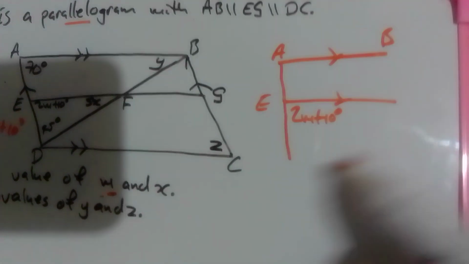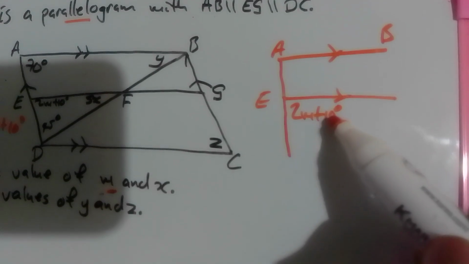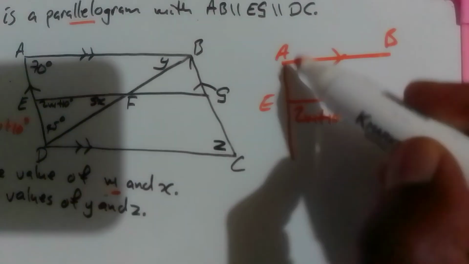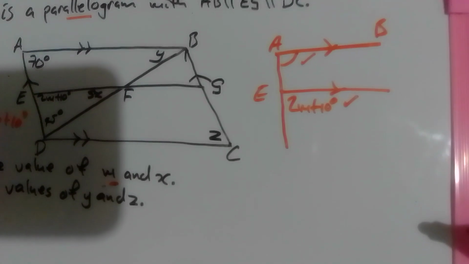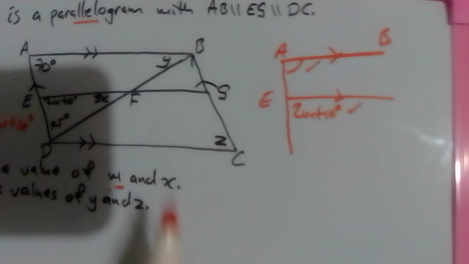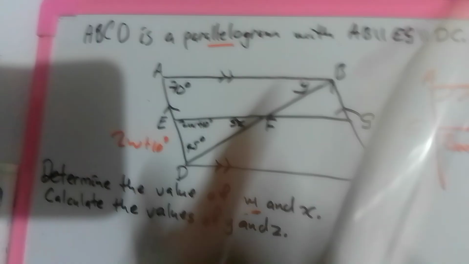I see letter F. And when I see letter F, it tells me this angle 2W plus 10 degrees is equal to angle A, because these two angles are corresponding angles. And on angle A, I was told from the original diagram that there is 70 degrees.